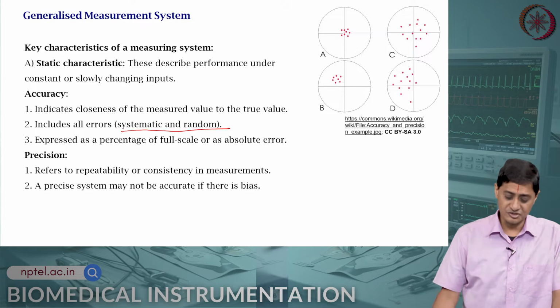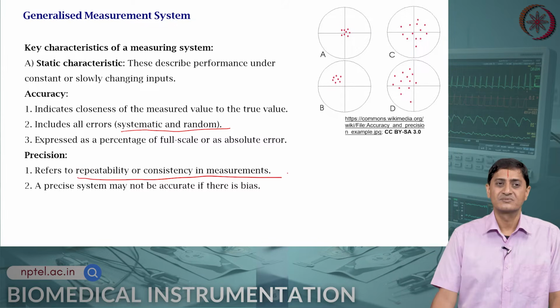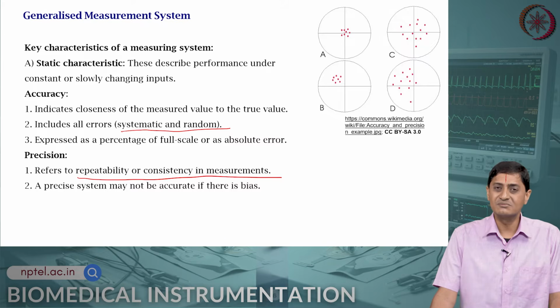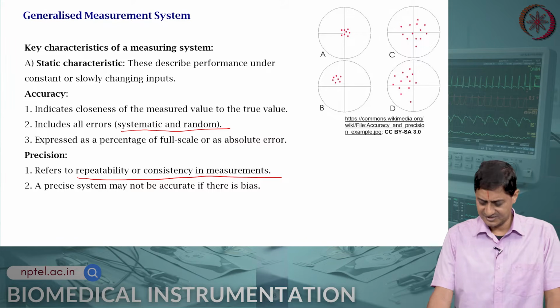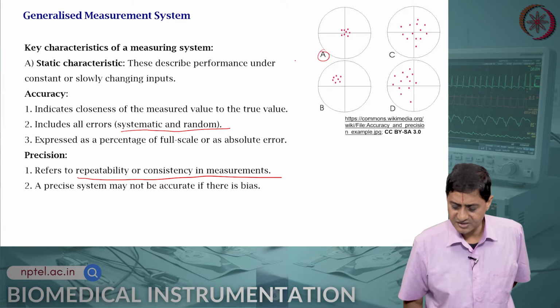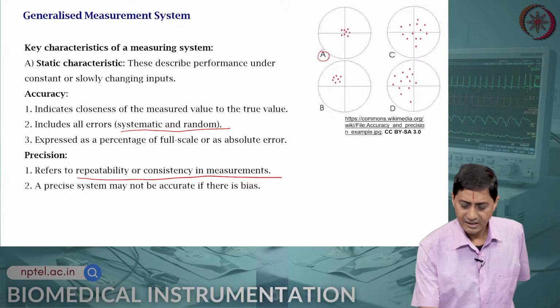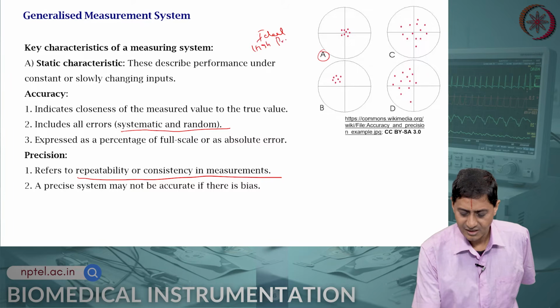Precision usually refers to the repeatability or consistency of measurements. A precise system may or may not be accurate if there is a bias. Here are some examples, right. Situation A is an ideal situation, a system that has high precision and high accuracy.